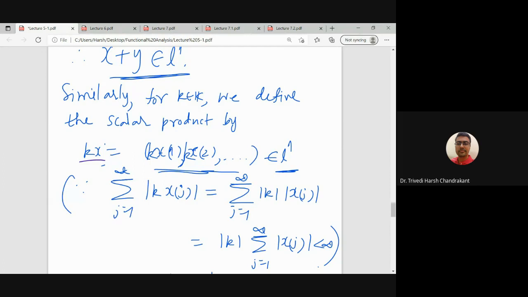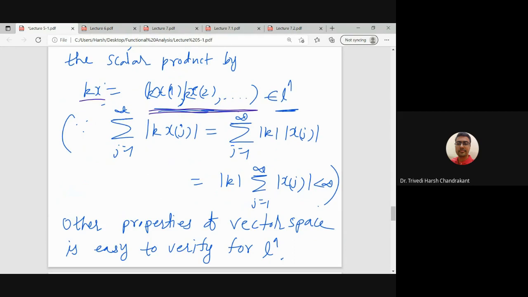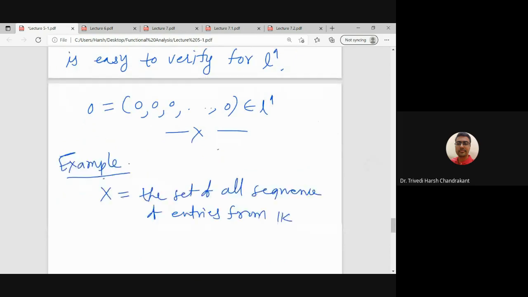The scalar product of k and x is defined as k multiplied on each of the components. We have checked that if x belongs to L1, then k times x also belongs to L1. So that is this computation. So L1 is a vector space.